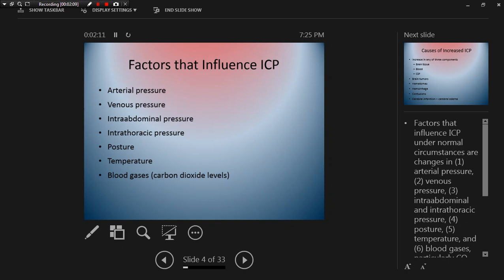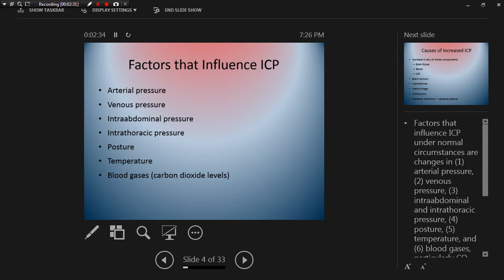And so those factors are going to influence ICP because they can actually cause the cerebral vasculature to dilate and increase the blood flow in that area, which in that situation is not a good thing because it can actually lead to more edema, swelling, and a rise in ICP. So we don't like our blood temperatures to be very high.